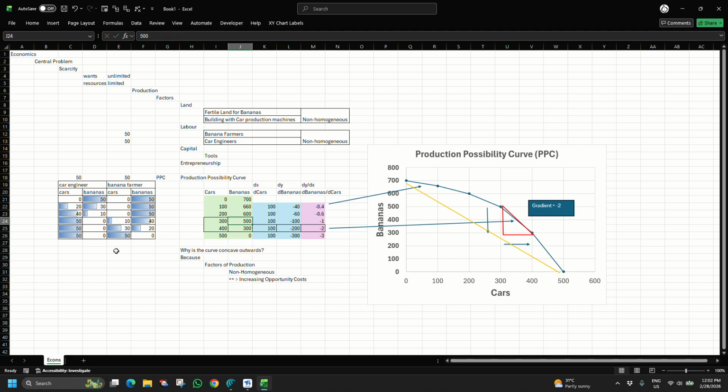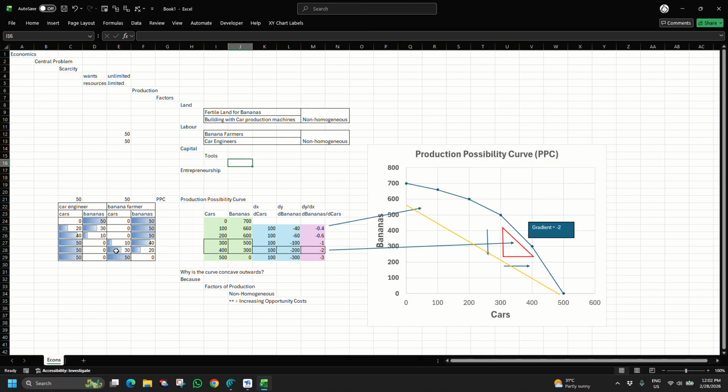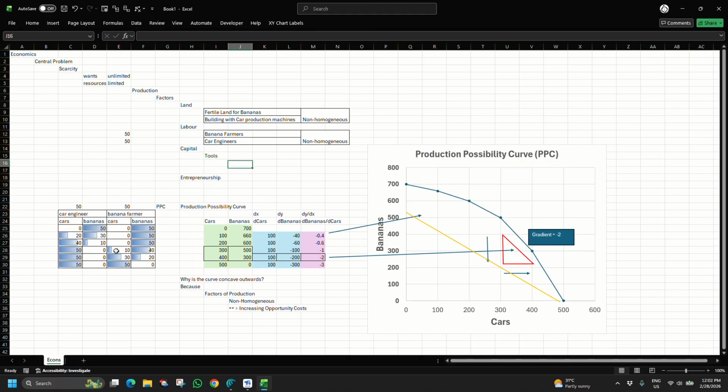And the same thing goes for tools and entrepreneurship as well, because you have different tools. For example, you have banana clippers to clip the bananas from the tree, right? And then you have car producing robots, for example. So these are different tools and they are non-homogeneous, okay?